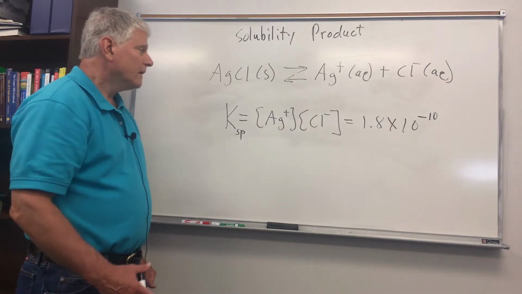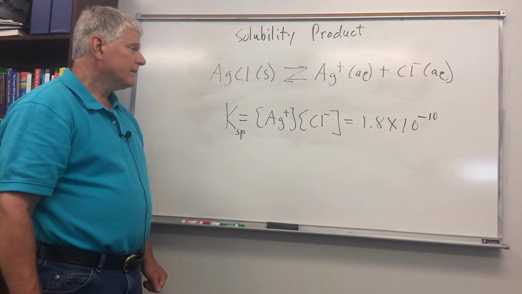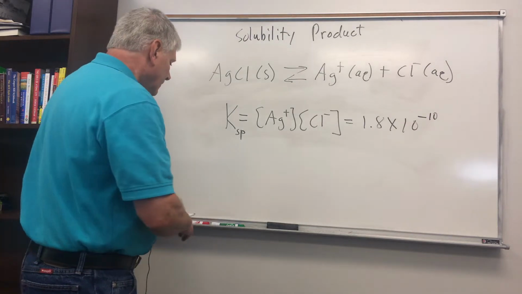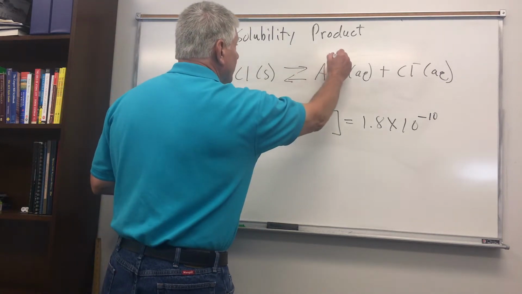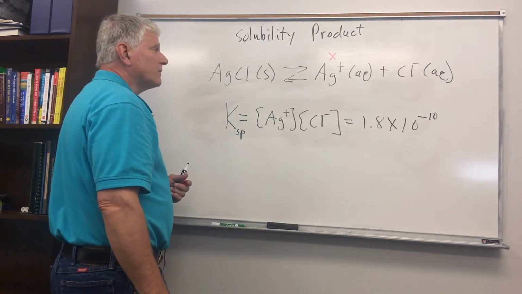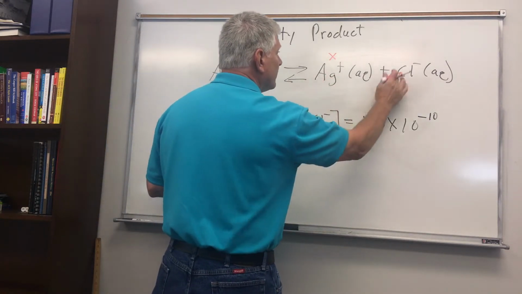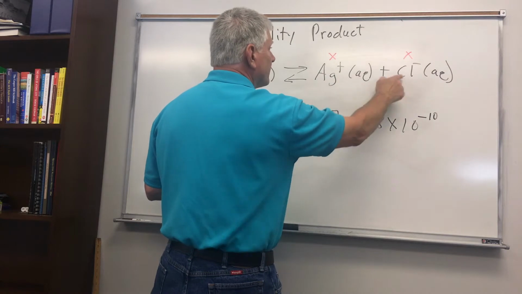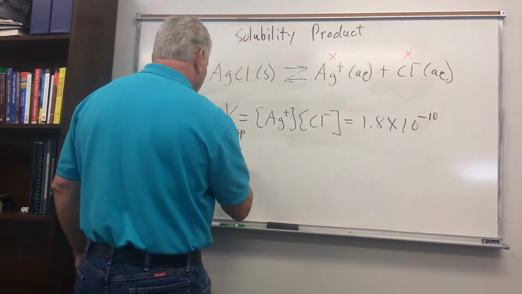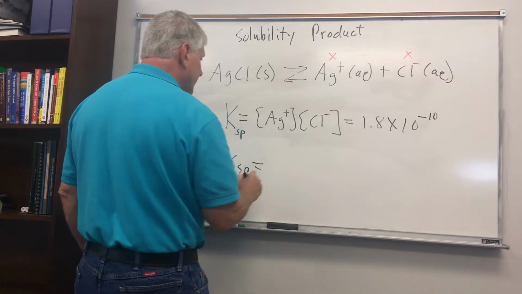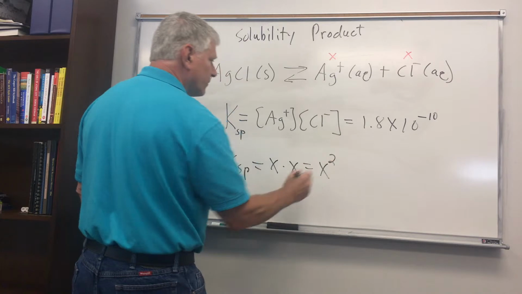Now, we can use our techniques of equilibrium that we learned previously in the class, and we can let, say, X be the amount of silver plus that's formed in this reaction. So since there's a 1-to-1 ratio between silver plus and chloride minus, chloride minus would also be X. And so KSP would be equal to X times X, or X squared.